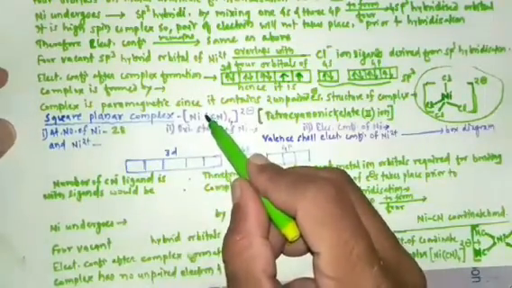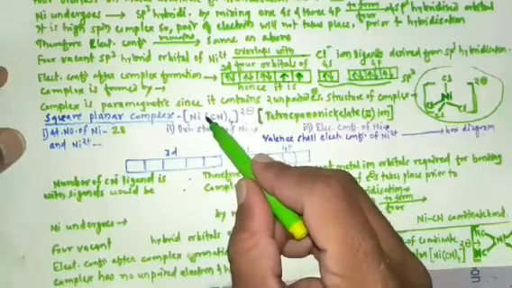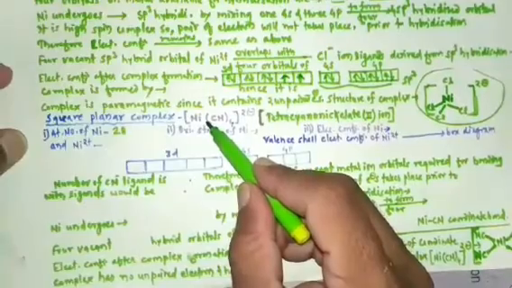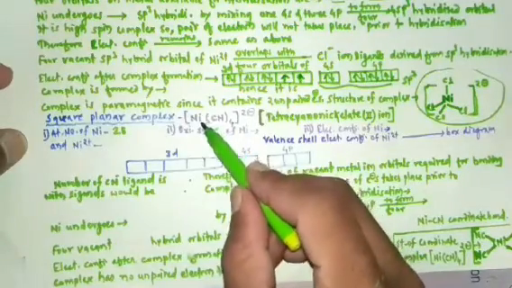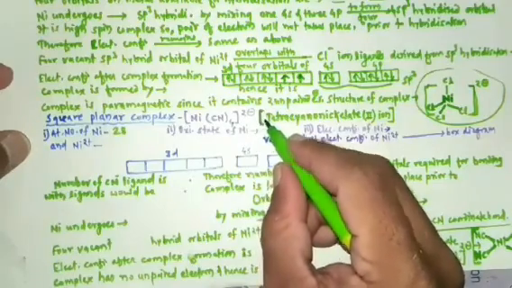Then in this complex, by using the rules to assign the oxidation number, the oxidation state of Ni is found to be +2.